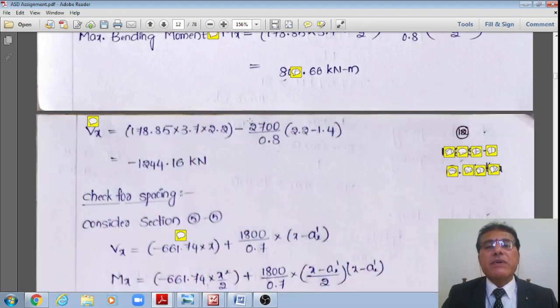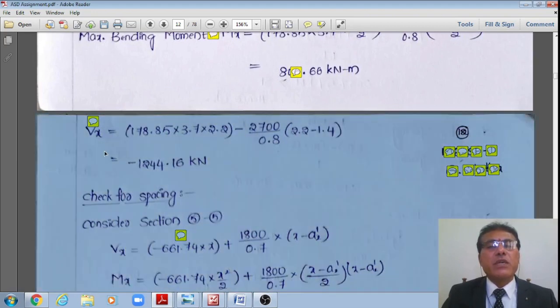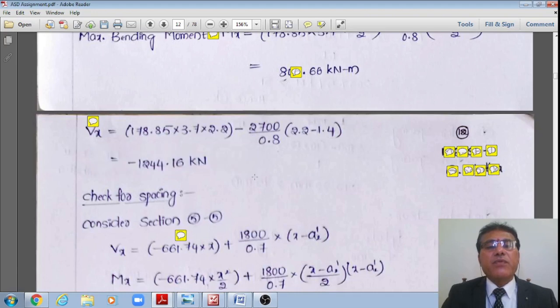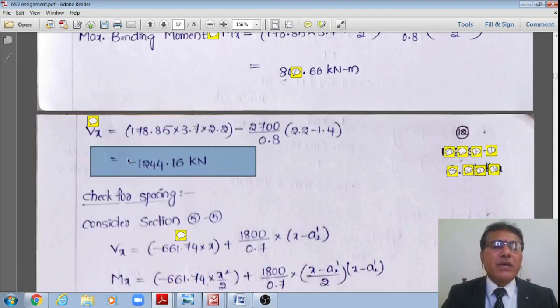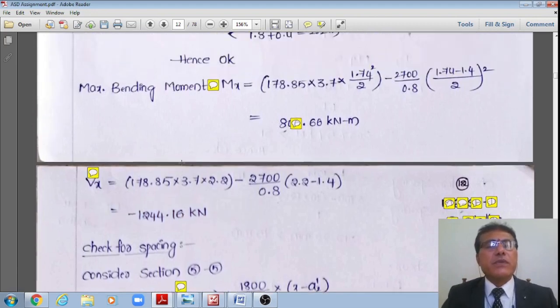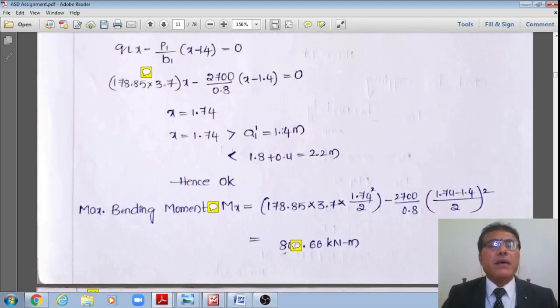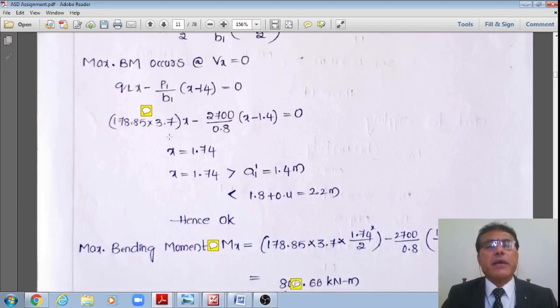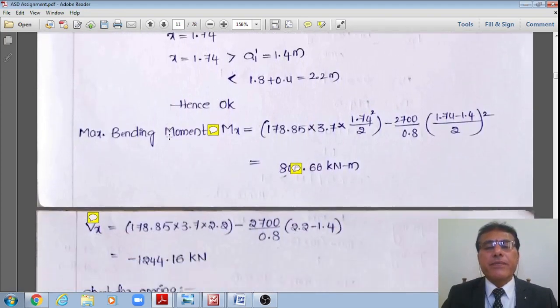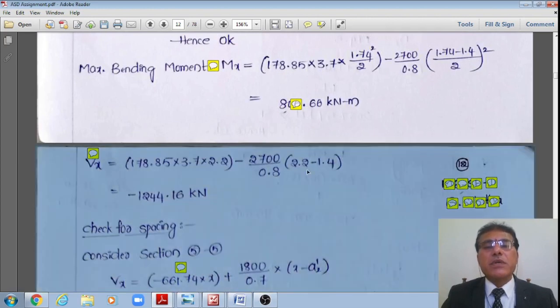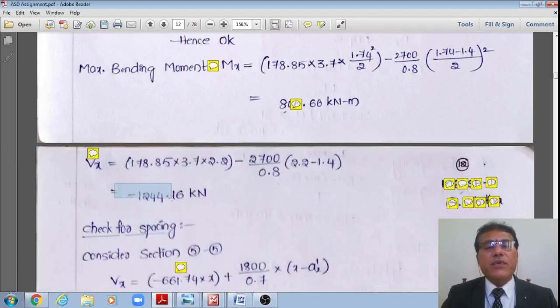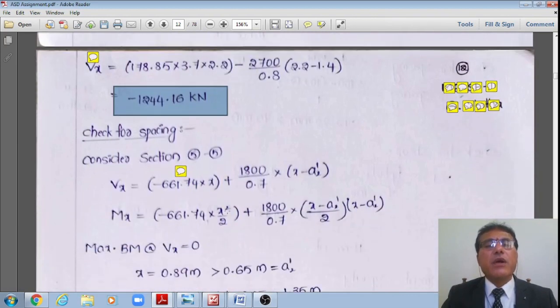Therefore it works out to minus 1244.16, which is the shear force under the second column. Therefore I got the shear force on the left part as well as on the right part. I'll show that variation also: 1244.16 here like this.